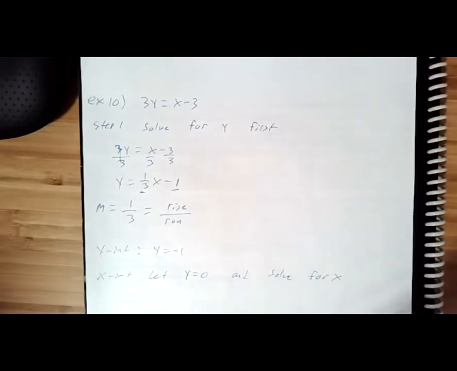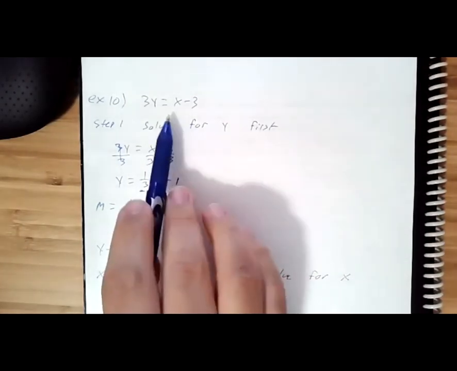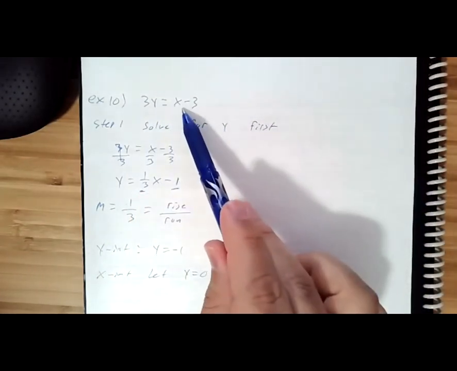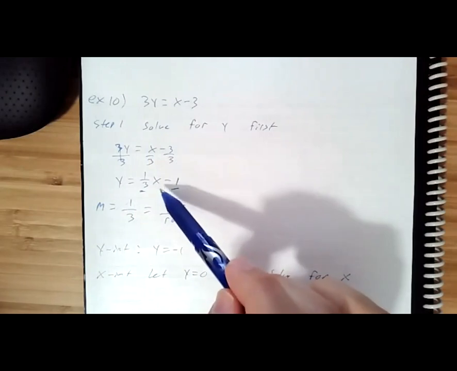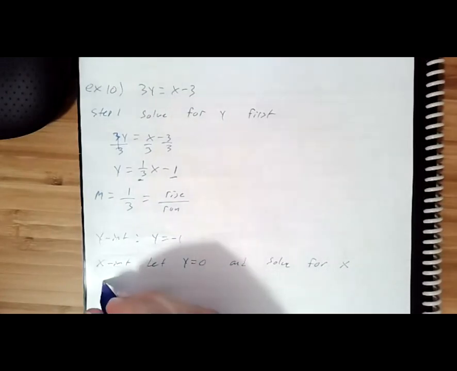Now you could use either equation, the one we just found, or the original. The original might be a little easier to find for x because there's no fractions on the x, but this one does have one. It doesn't matter though. So I'm gonna use the original.